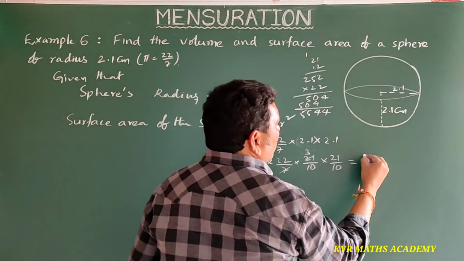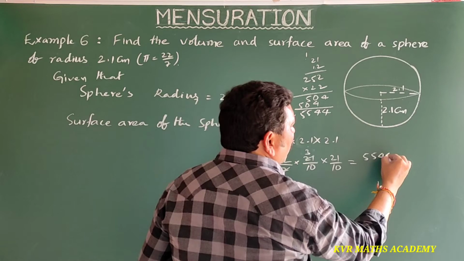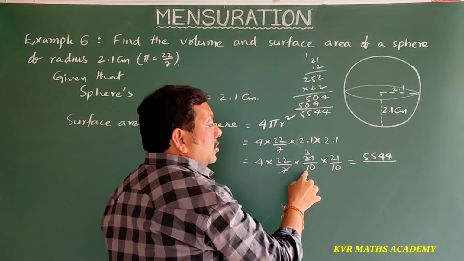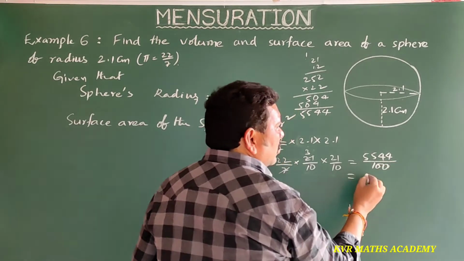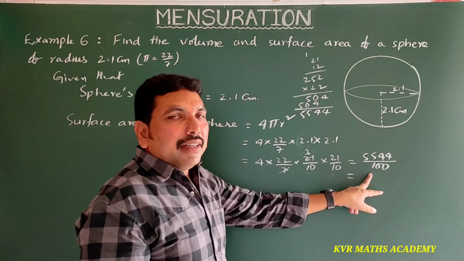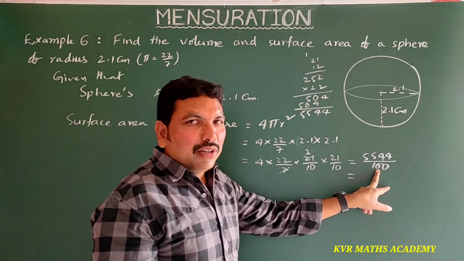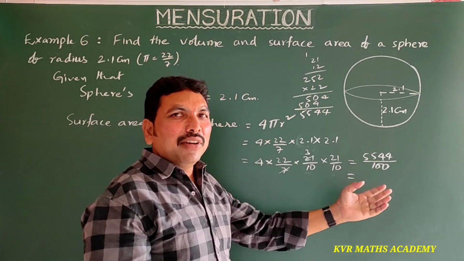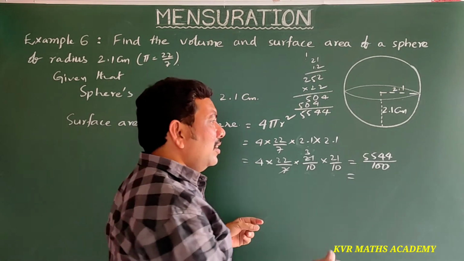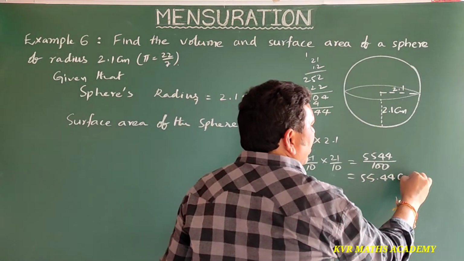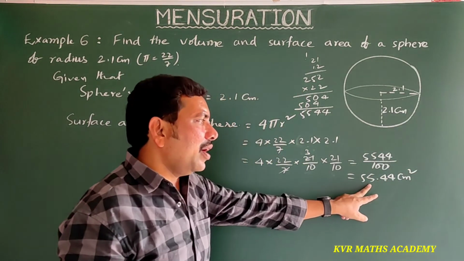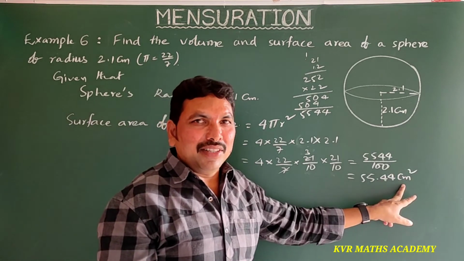So this is equal to 5544 by how much? 2 zeros are there. Here 10 into 10 will be 100. So in the denominator 2 zeros are there in 100. So that's why we have to keep the point before 2 digits now. So 55.44 centimeter square. 55.44 centimeter square.